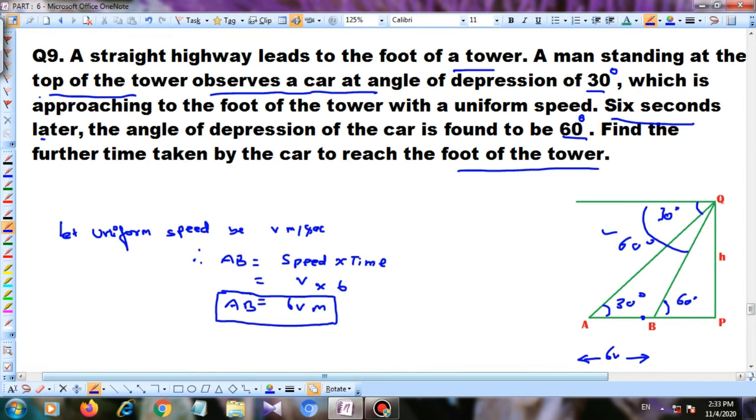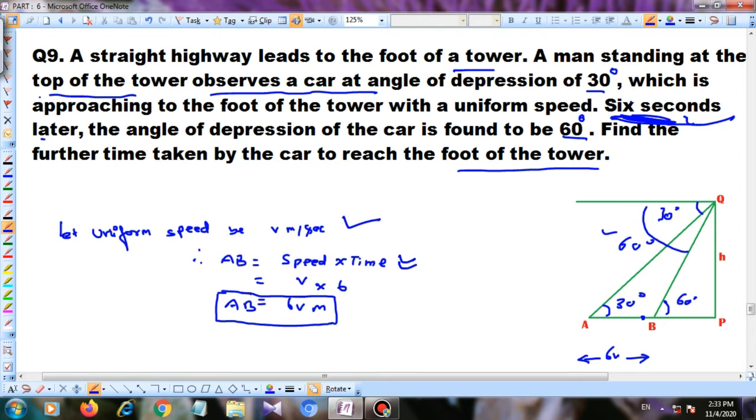Now let the uniform speed of the car be V meter per second. It means the distance traveled by the car in the given 6 seconds, we know very well, is speed into time.